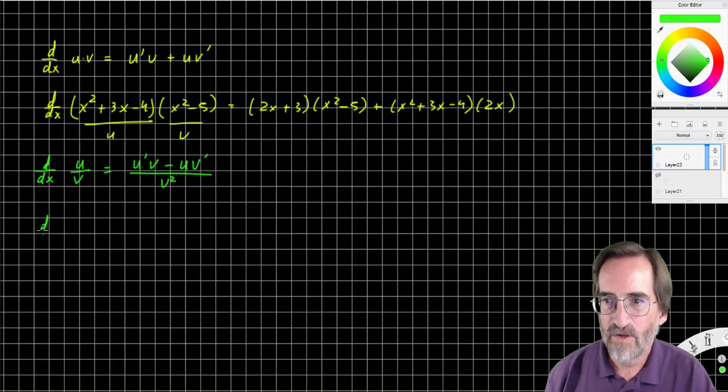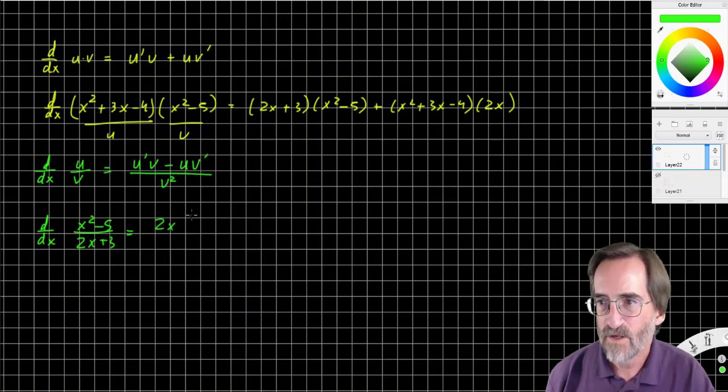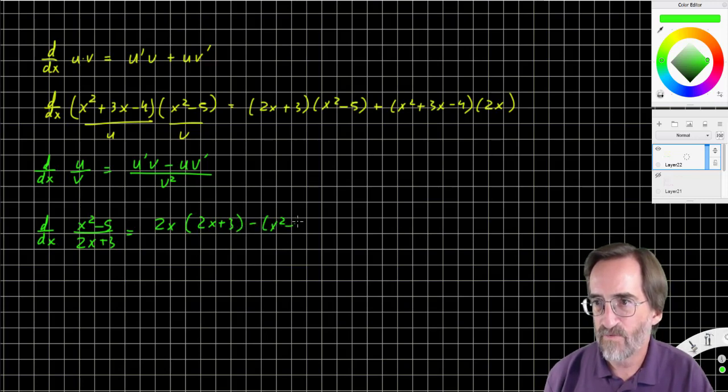The derivative with respect to x of x squared minus 5 over 2x plus 3. I take the derivative of the top, 2x, times the bottom, 2x plus 3, minus the top, x squared minus 5, times the derivative of the bottom, 2, all over the bottom squared.